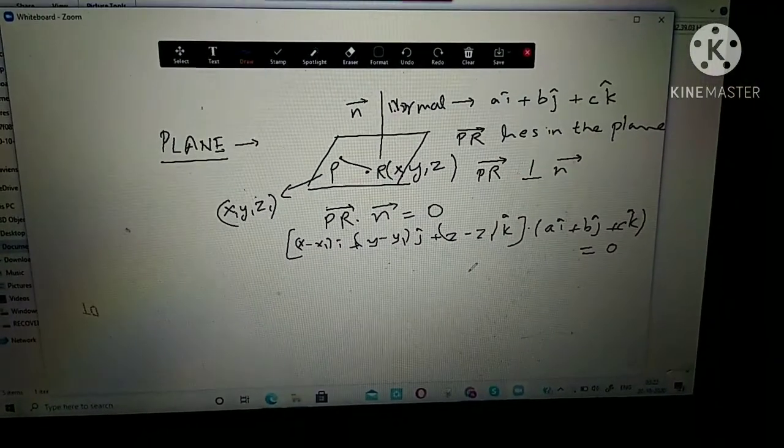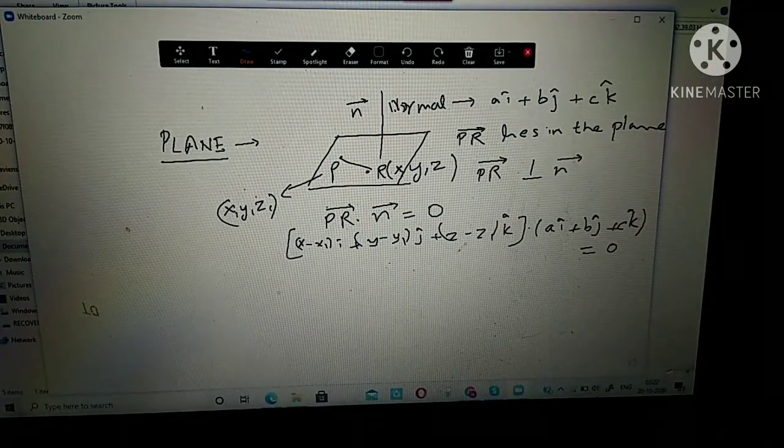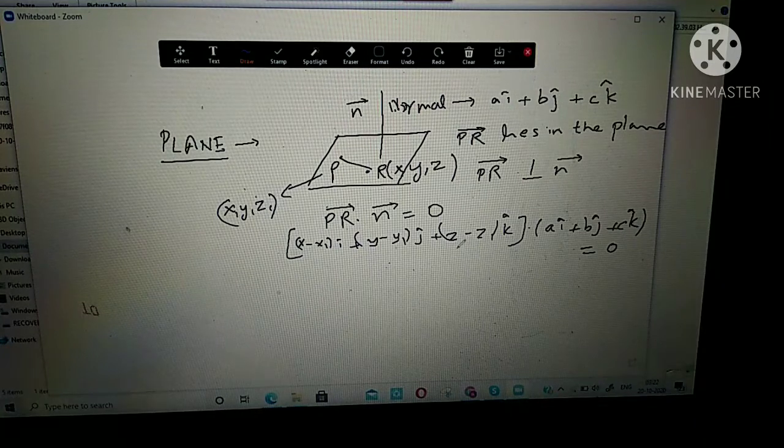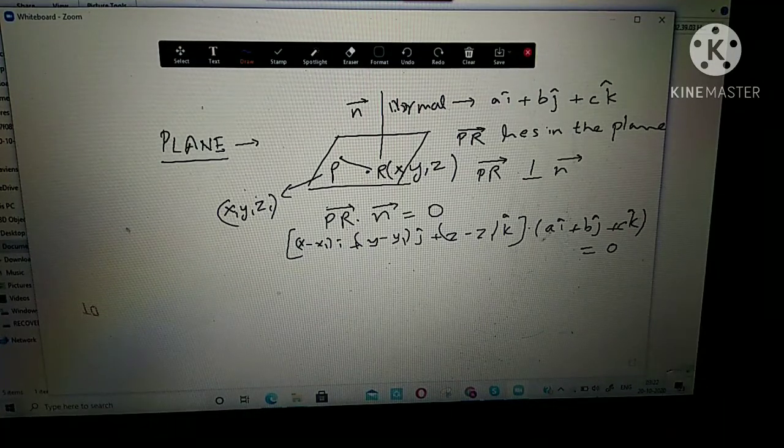Whenever we take the dot product, we multiply the i cap coefficient with i cap, j cap with j cap, and k cap with k cap.